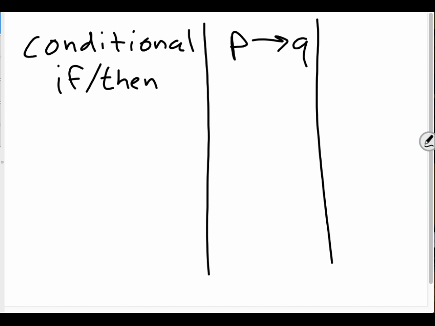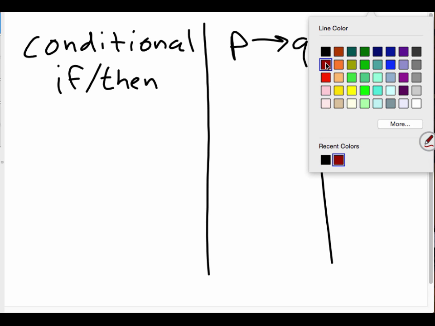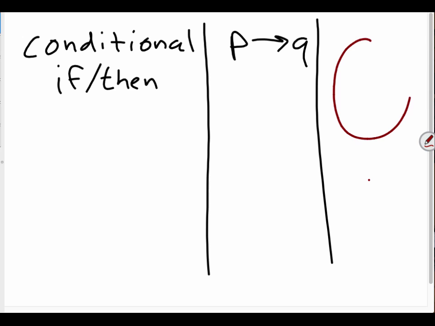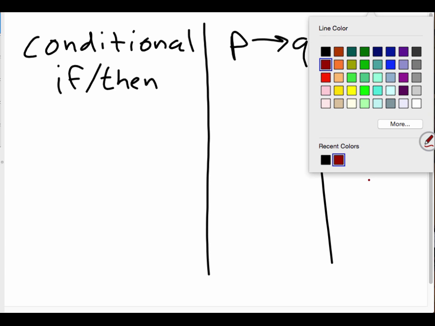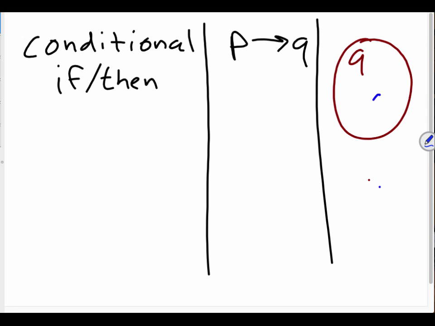And then sometimes we could use a diagram. We could do something like this. So if P is true, then Q is true. So we have a symbol and the definition and the diagram. And of this, we have a couple different parts.